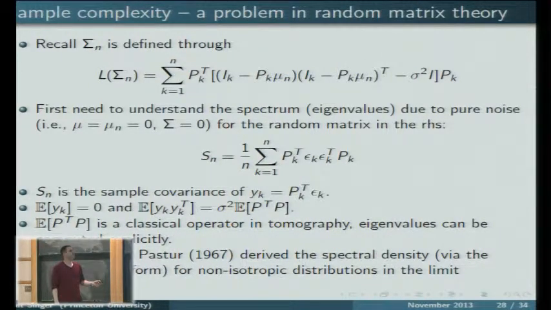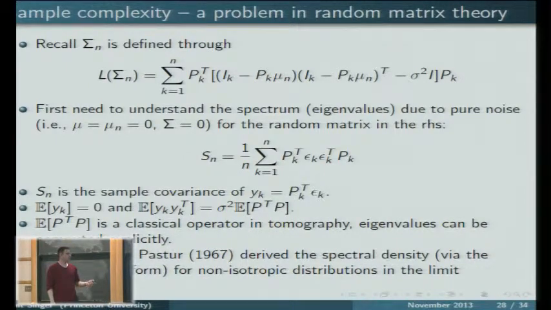Expectation of the covariance of yk is sigma squared times expectation of P transpose P, projection back projection. So that's the classical operator in tomography. It's actually given by convolution with a filter. We know exactly what this operator is. For those of you who know about ramp filters, this is what's going on here. In the Fourier basis, it is diagonalized, and we know exactly the eigenvalues.